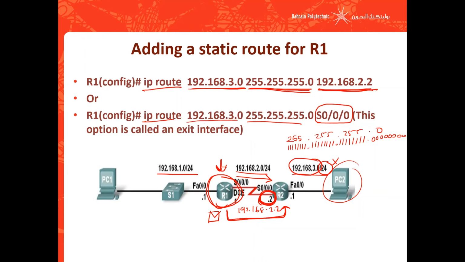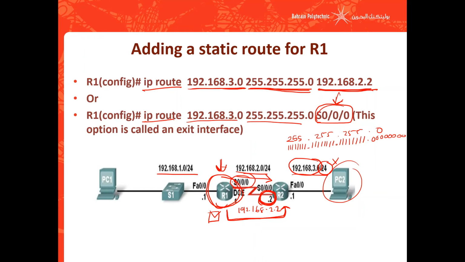So here, the exit interface for the router, meaning the one that's connected to the router that you're configuring, is S0/0/0. So that interface, you can write it here, which would mean that the packet needs to be sent out from this particular interface.